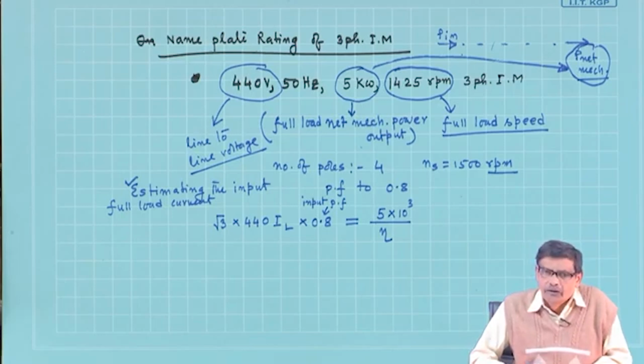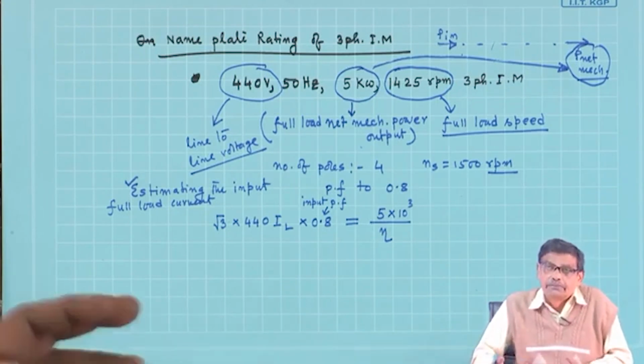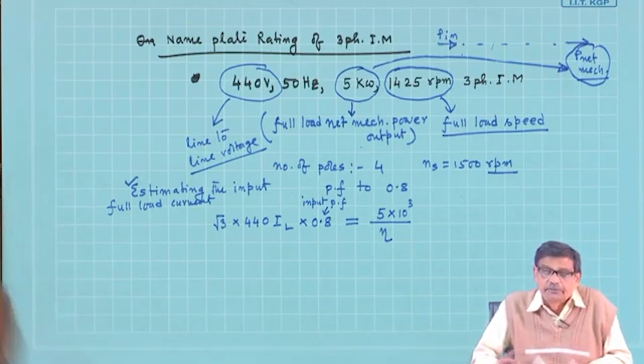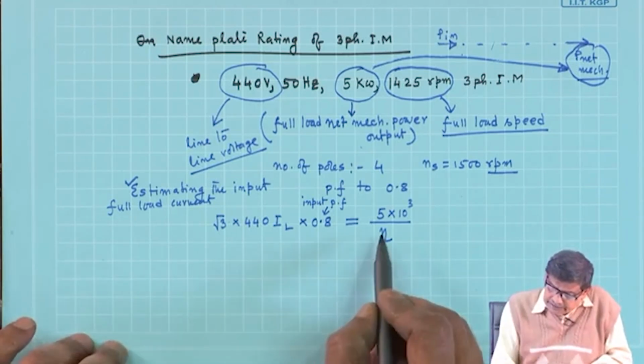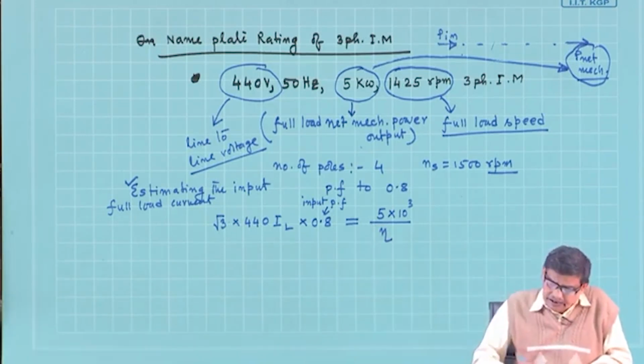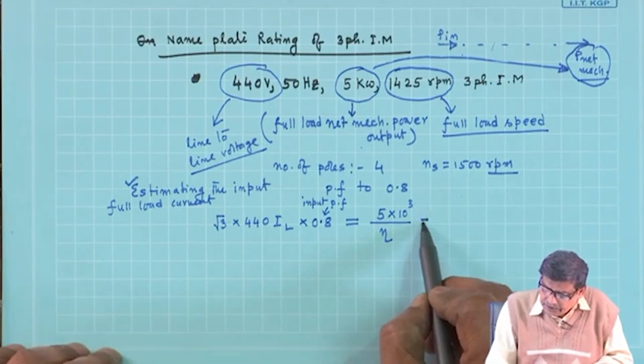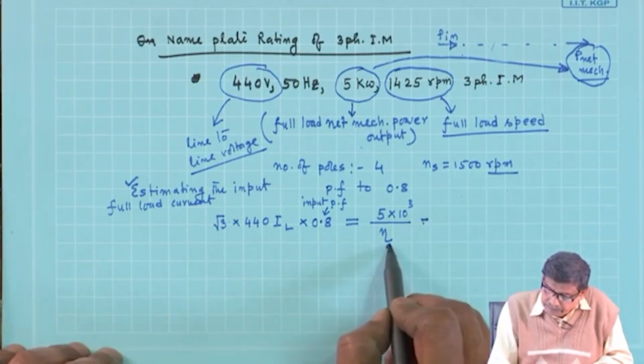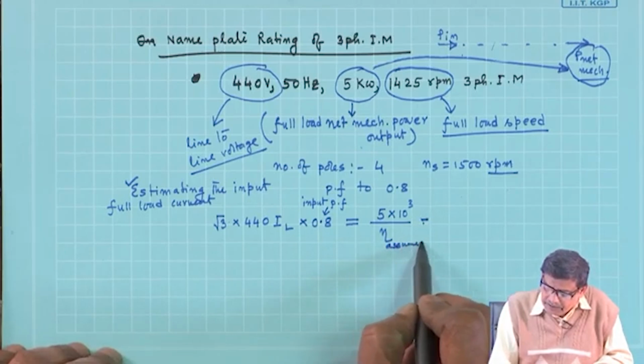Efficiency of a rotating machine, an induction motor, may be 82%, 84%, 80%, but it cannot be as high as 99%, as it happens in the case of a transformer, because of so many losses present compared to a similar rated transformer. But nonetheless, this efficiency I should also assume reasonable.